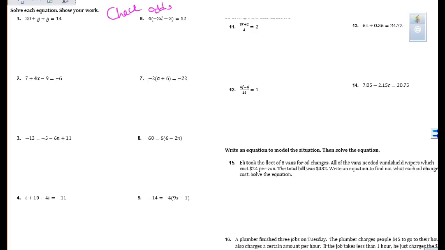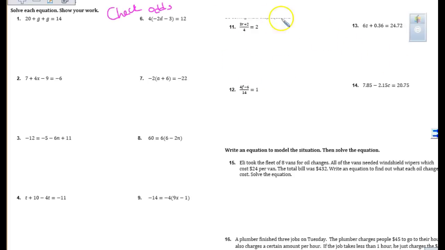So I want to show you what your work is going to look like as you do this problem. You have to do all, and check the odds.